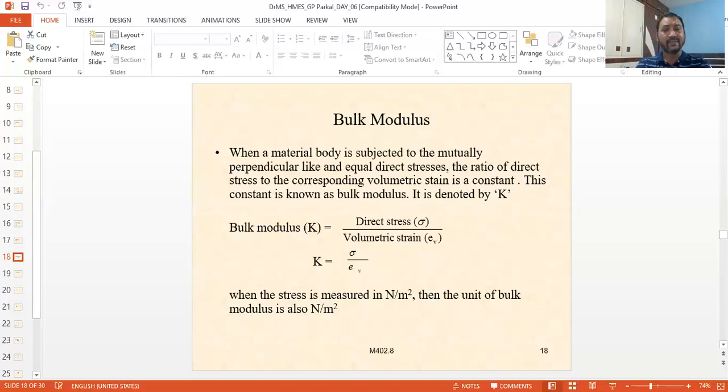The ratio of the direct stress to the volumetric strain, that is sigma by epsilon V, is called the bulk modulus, and it is measured in newtons per square meter or newtons per square millimeter. It is denoted with the letter K.